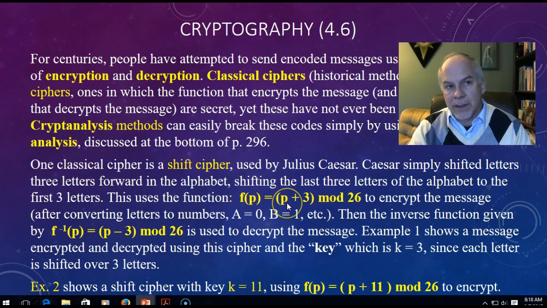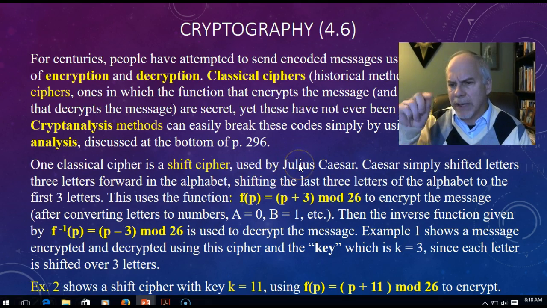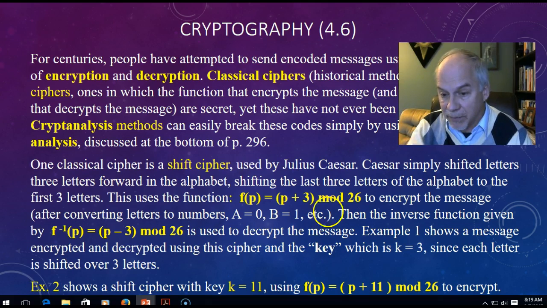So it added 3 to the number of the letter. Let's say the letter G, which was 7, or no, actually probably 6. 0 would be A, 1 would be B, 2 would be C, 3 would be D, 4 would be E, 5 would be F, and 6 would be G. So if you had the letter G, that would be letter 6, and you add 3 to it, that makes 9, and so that would be the letter J, I believe.